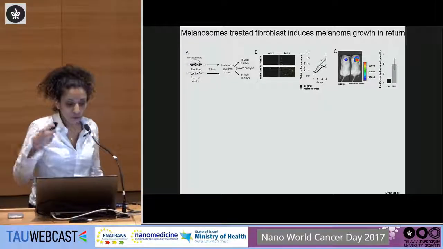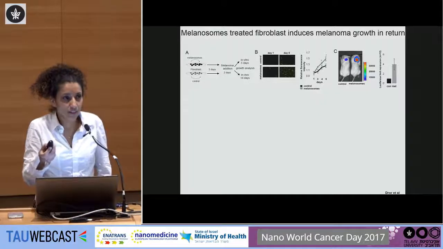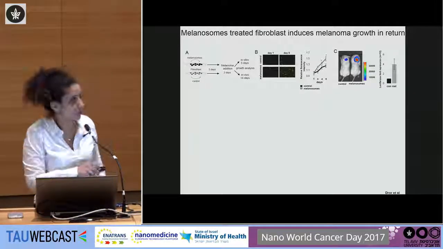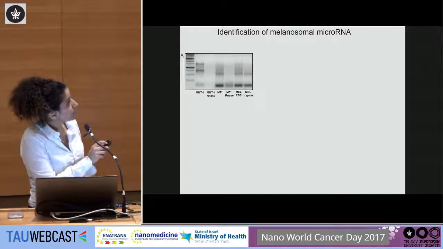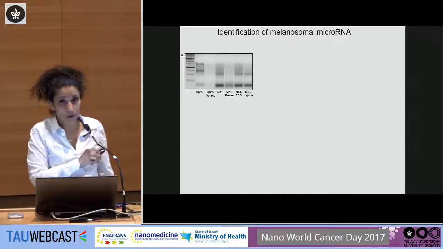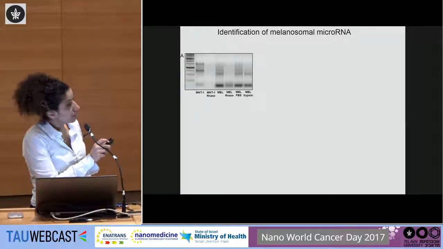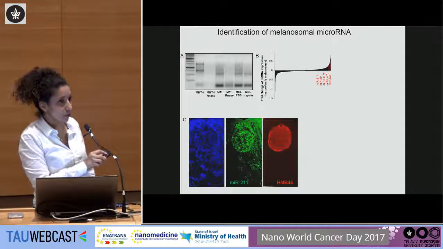Now we wanted to go deeper and understand what's inside these vesicles that is actually promoting these changes in behavior of the dermis. And we found that these vesicles are including small RNA that Noam Shomron was talking with you about. So these vesicles contain small RNA, and these small RNA were basically, you can see here, human melanoma.